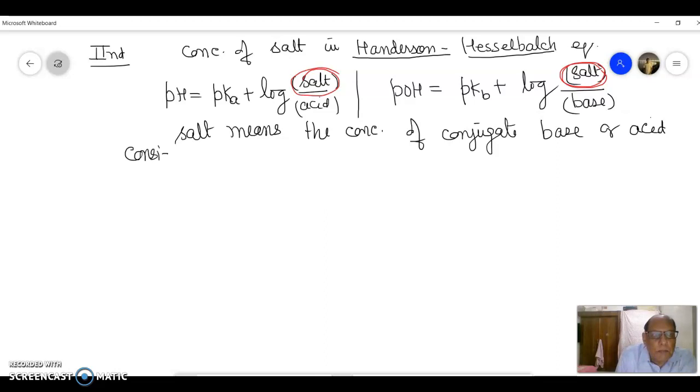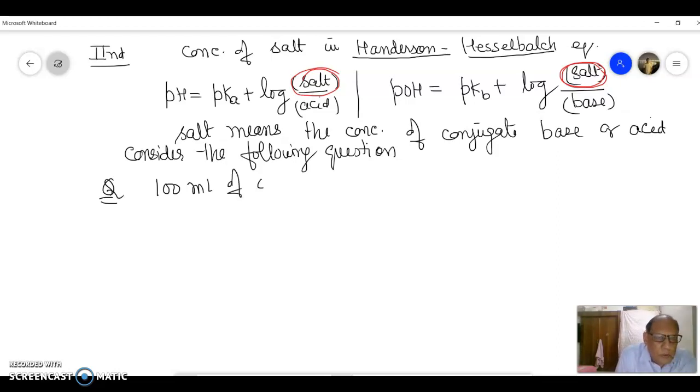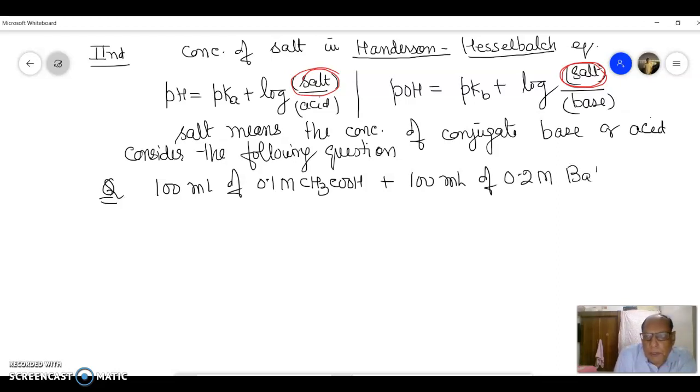Consider the following example or a question. Suppose we take 100 milliliters of 0.1 M acetic acid mixed with 100 milliliters of 0.2 M barium acetate.